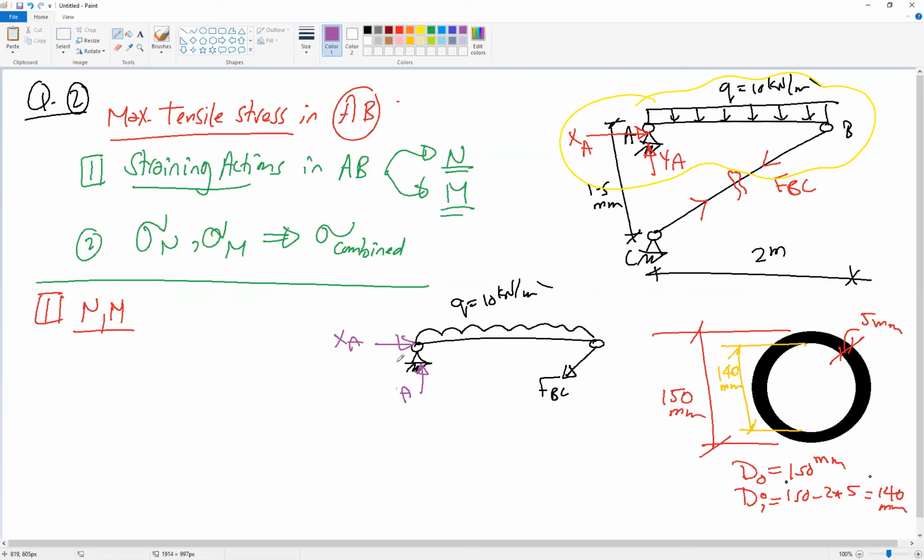But to find the reaction, we need to subdivide or find the components of member ABC.